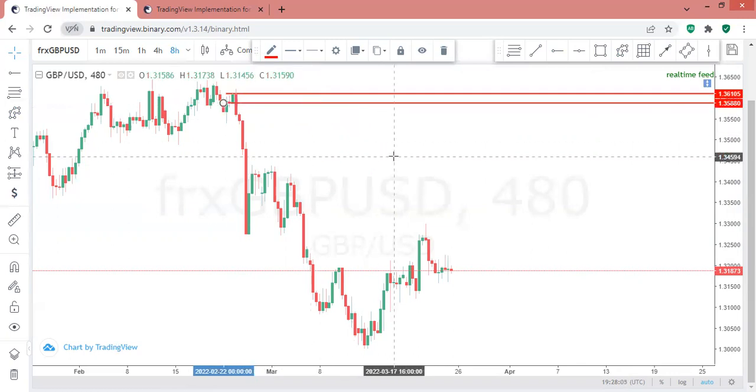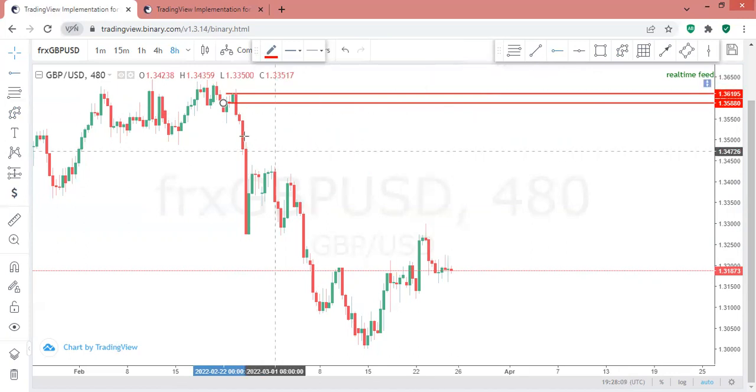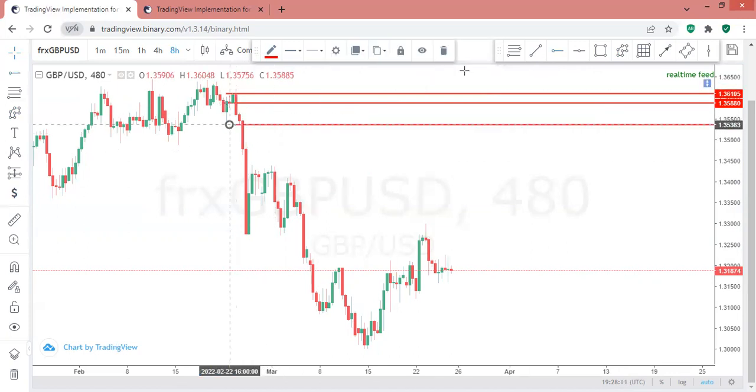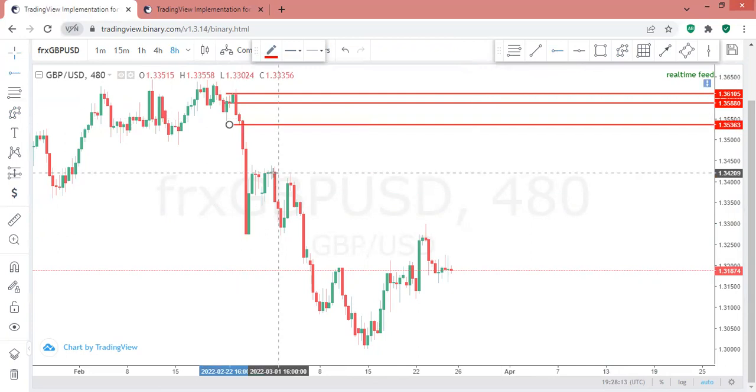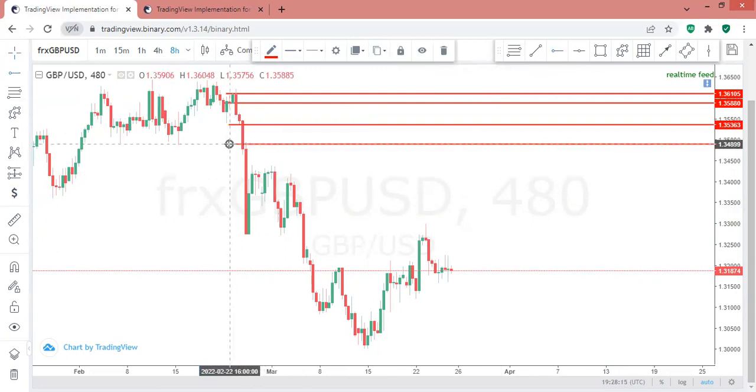Above here, I have so many places price can actually come and activate from. This is an imbalance. This is an imbalance. I have the institutional candle above and all. Now, I have identified your potential area where you want to sell the market on higher time frame.